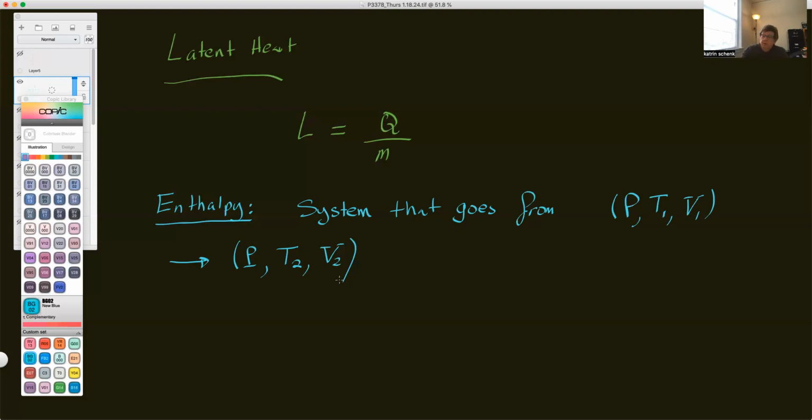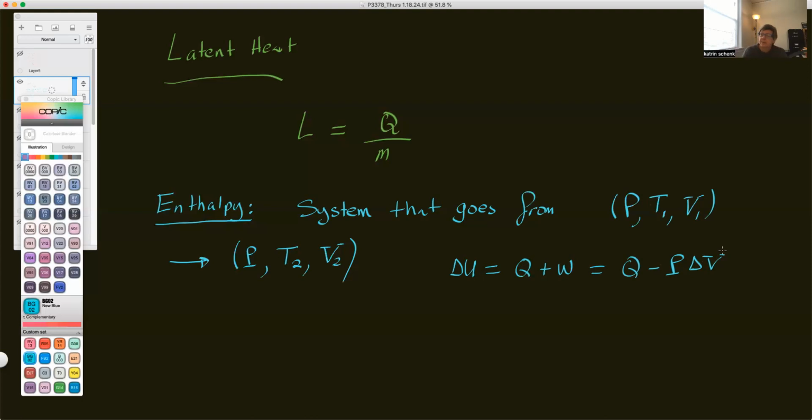We of course know that delta U from our first law is always Q plus W, and we can write that as Q minus P delta V, like we've done before. And we're always thinking about reversible processes, right? Okay.